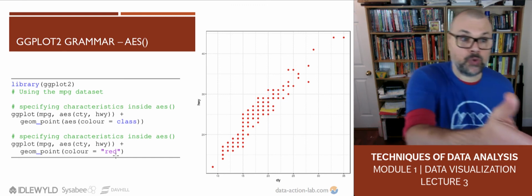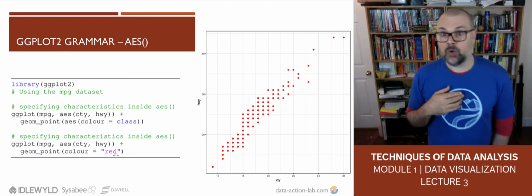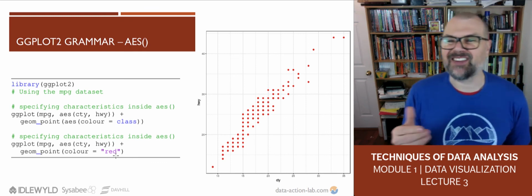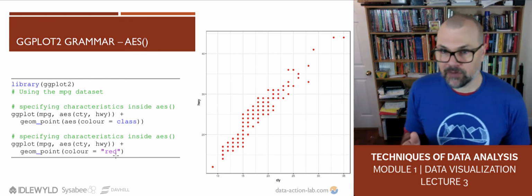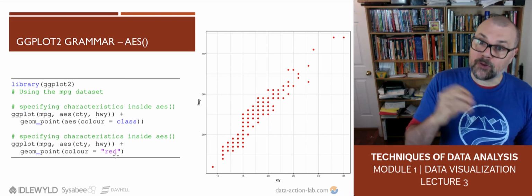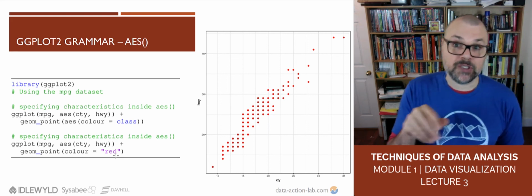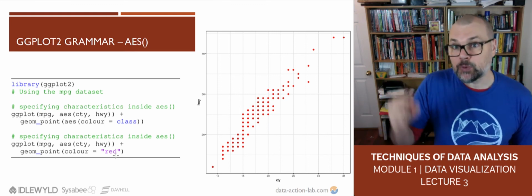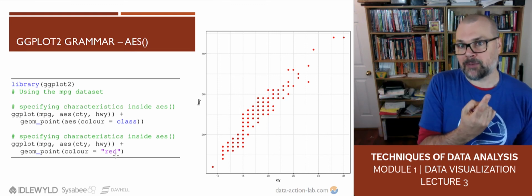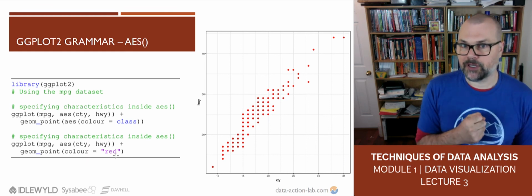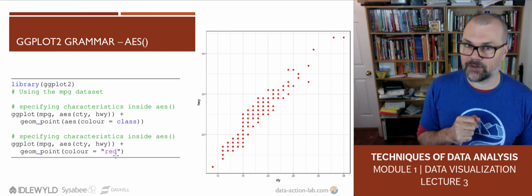Right? So you would use a call like this one here when you're just trying to change what the chart looks like. You don't like the default colors that ggplot is giving you, and if you're trying to come up with a relationship, a multivariate relationship between, say, more than these two x and y variables, then you would put things inside an aesthetic mapping to see if there's a relationship between the class of the vehicle and the mileage that it has, both in the city and on highways.